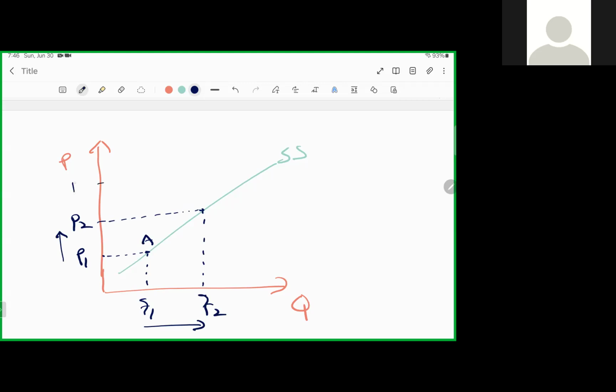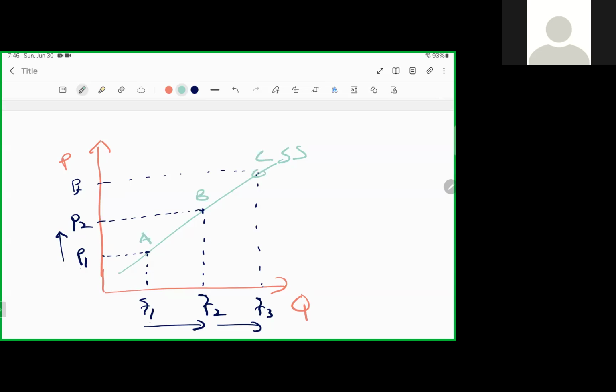Suppliers will be happy, because they have another incentive to supply more, so they will supply at Q3. If you look at this, we have point A, where price is P1 and quantity is Q1, then point B, and then point C, where price is P3 and quantity is Q3.